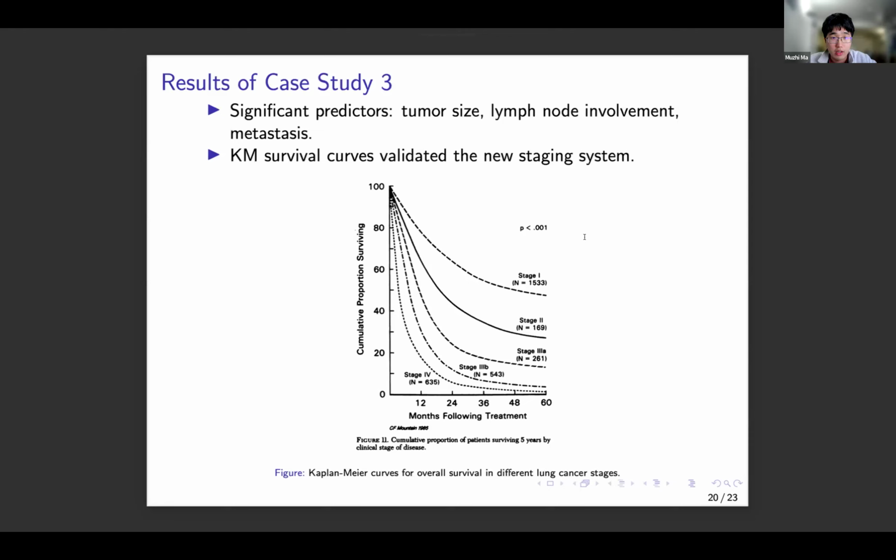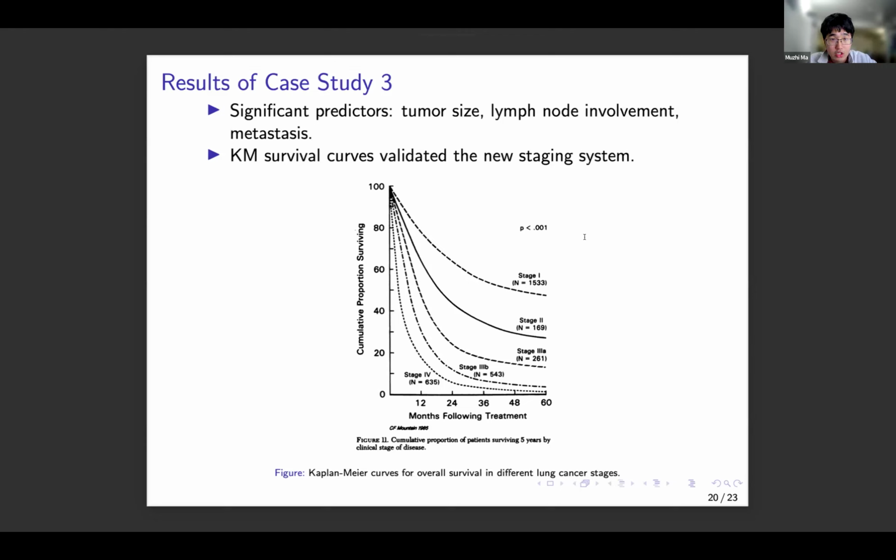So here are the results. First, we find there are several significant predictors, including tumor size, lymph node involvement, and metastasis. And then we classify the patients into several stages based on their level of these predictors.